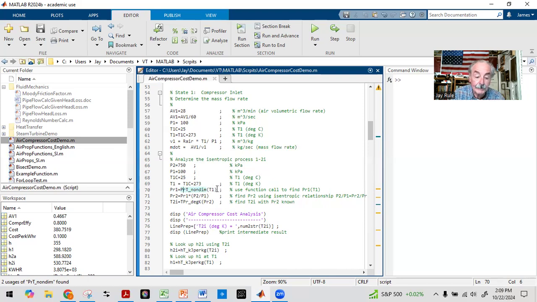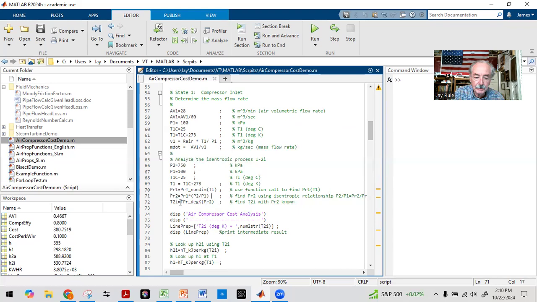So I've got PR1. Next step, I'm solving for PR2, because I have P2 and P1. I had to refresh my memory on what I was doing in my code. I'm solving for PR2, PR1 times P2 over P1. So now I've got a number for PR2. Now I've got to find the isentropic temperature T2I. How would I do that? I can use a function call.